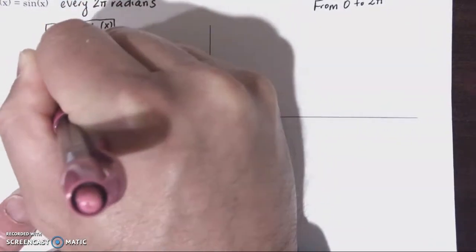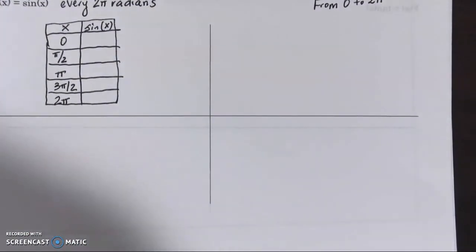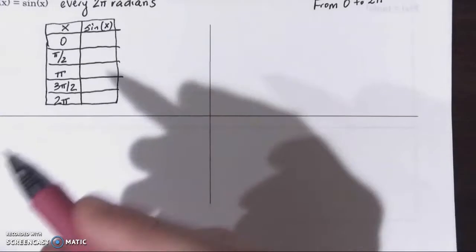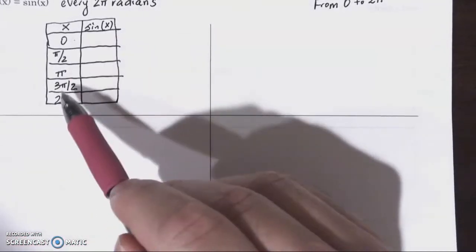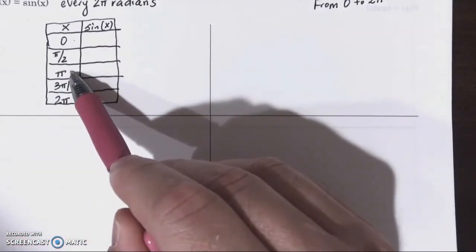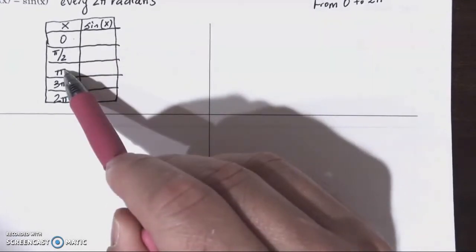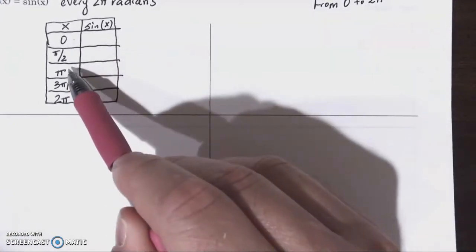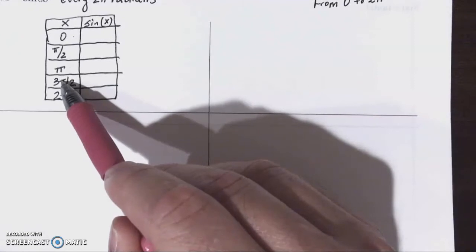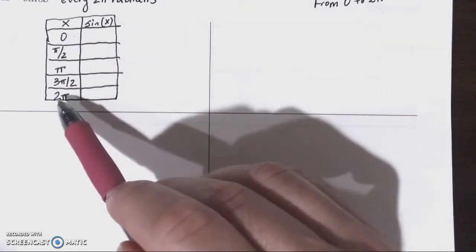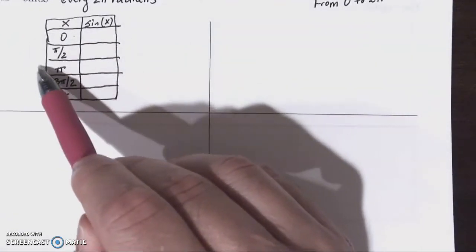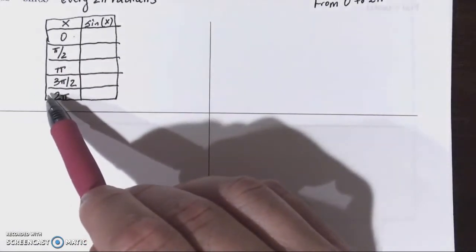We're going to ask you to graph 5 points each time, 5 x values, equally spaced. 0 to 2 pi, halfway in between that is pi, halfway in between 0 and pi is pi over 2, the average of pi and 2 pi is 3 pi over 2. Each one of these are spaced appropriately. It's basically a quarter of the period.